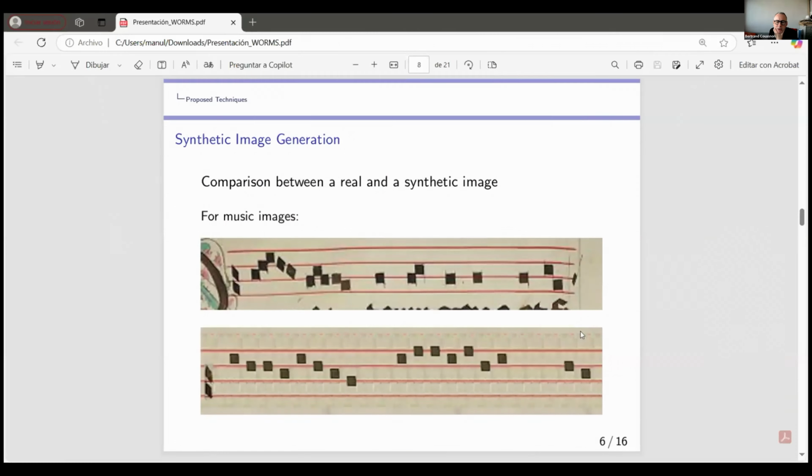On the bottom image, you have a vertical shadow.